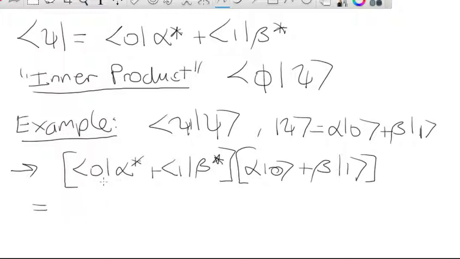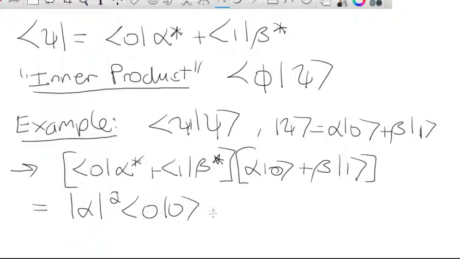Let's take the first example, this multiplied by this. The coefficients out the front are unaffected by the multiplication of the kets and bras, so we can take them out and let them be by themselves. So we have modulus alpha squared, bra 0 ket 0. What I've done here is alpha star times alpha is simply equal to the modulus of alpha squared.